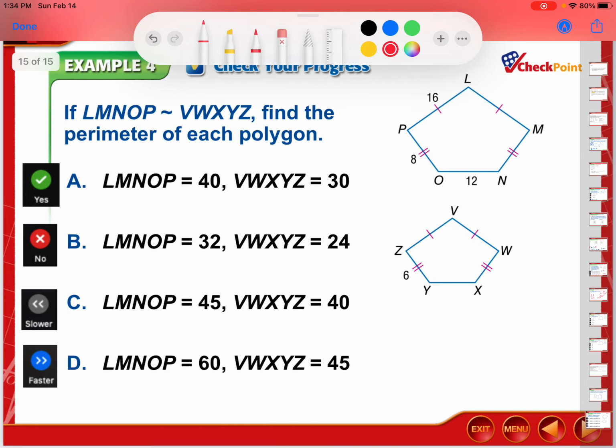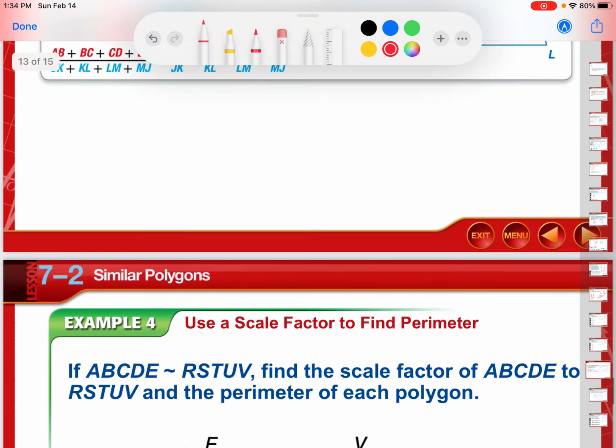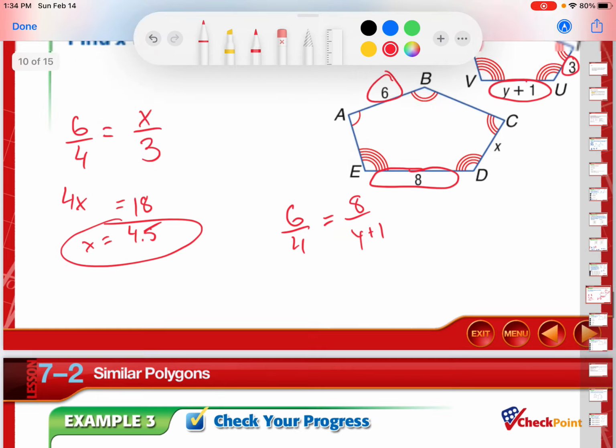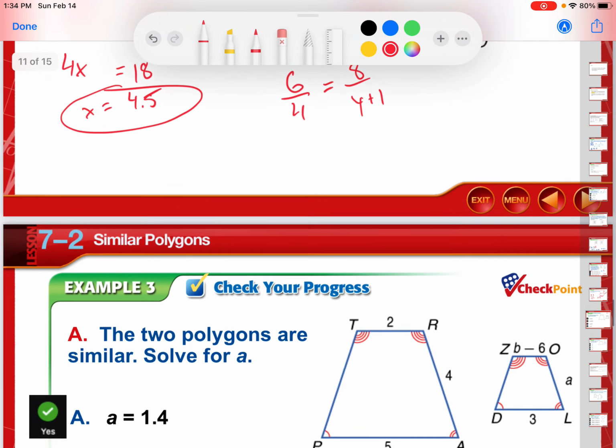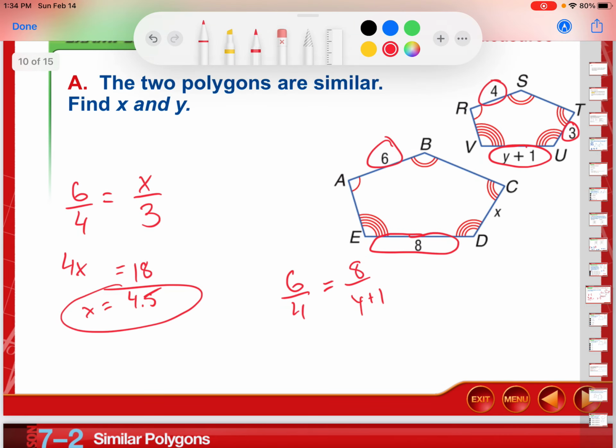multiply. So 4 times 8 would be 32, which equals 6y plus 6. Then we reduce this and we would get 6y equals 26.